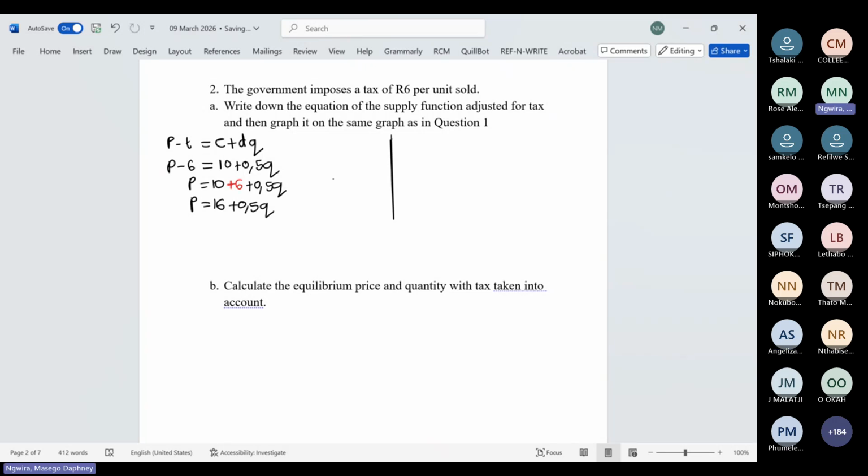Because your P is on the left-hand side, your P is dependent, so it stays on this line. I'm just going to draw it a bit slower. It's going to be something like this.